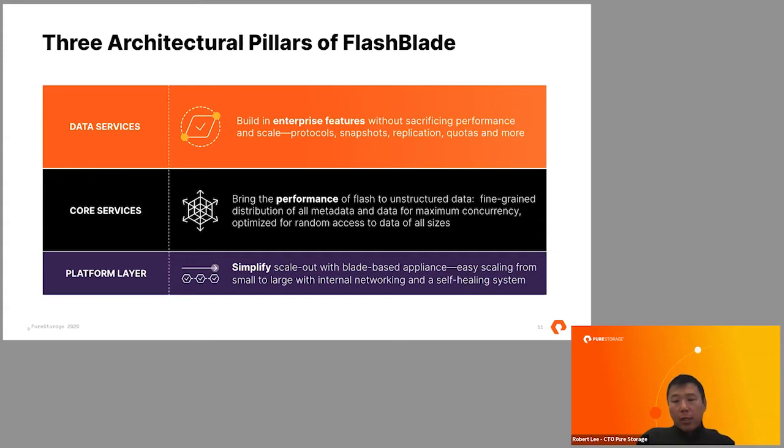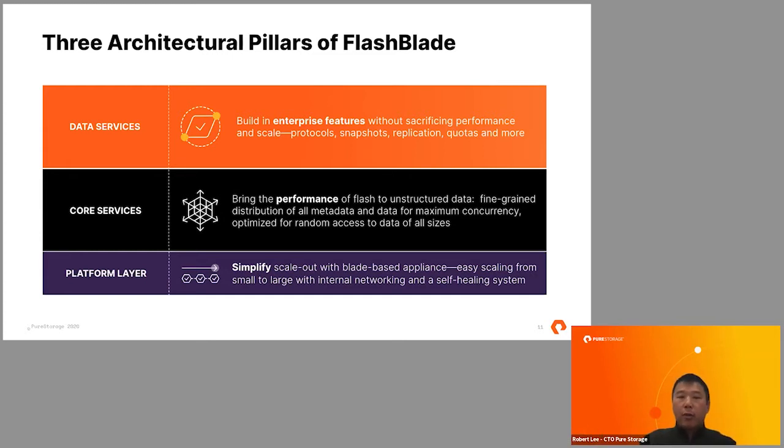Number two, I would say, is really the performance that underlies a lot of the mixed protocol and mixed workload usage. And we'll spend a bit of time talking about the underpinnings in that core services layer I have on this slide as to what allows that. But more simply, one of the things that really sets us apart is customers are able to put any number and variety of unstructured data workloads, whether it's file or object, on FlashBlade, without having to worry about disparate performance.